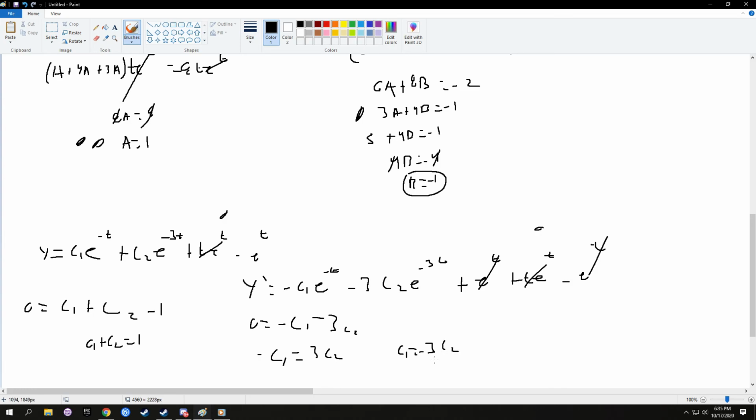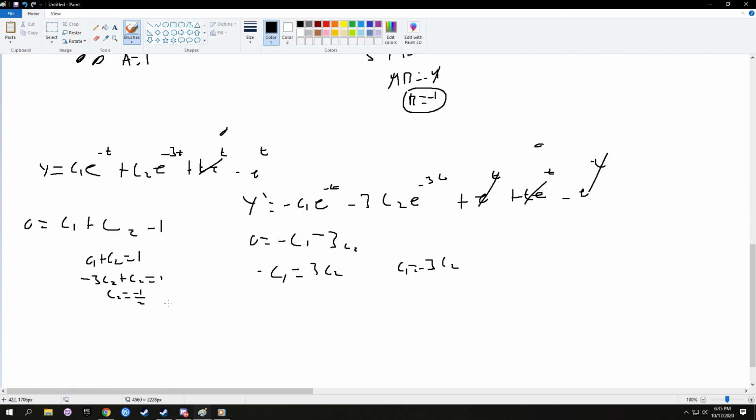So now all I want to do is plug in c1, which is negative 3c2 plus c2 equals 1. That means c2 equals negative 1/2. That means c1 must equal, I add this to 1, so it becomes 3 over 2.